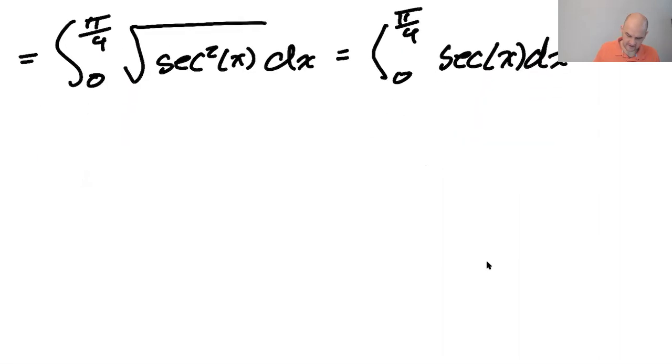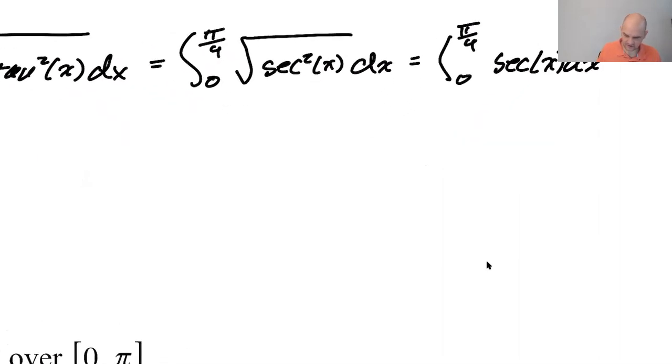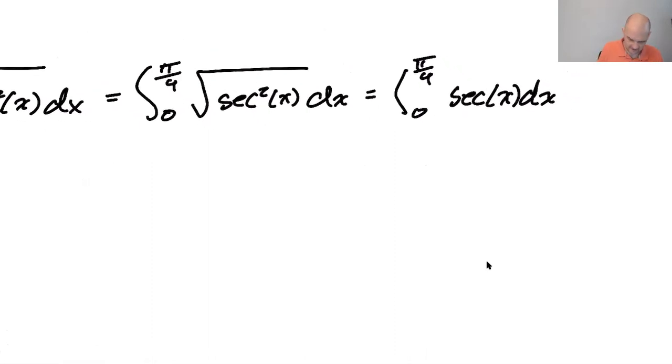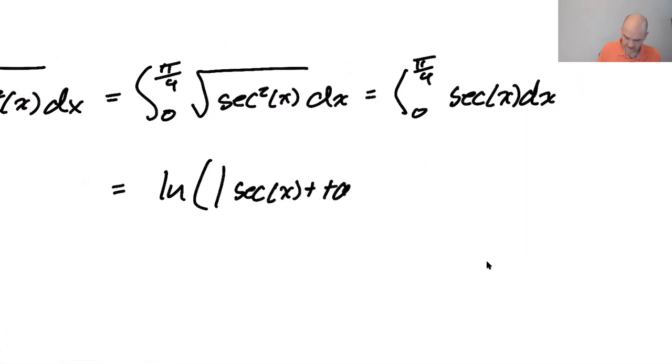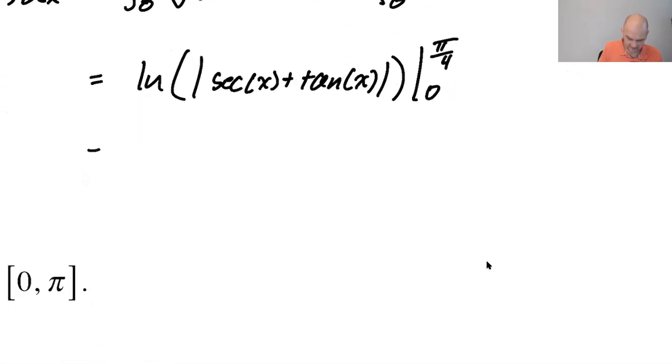And then you do the trick where you multiply by secant plus tan over secant plus tan, and this becomes, also just memorize it, natural log, absolute value, secant plus tan. And then it's a definite integral, 0 to pi over 4. So now we have to remember secants and tangents of these.